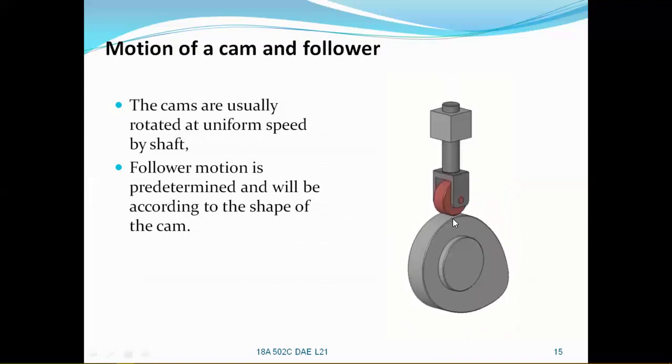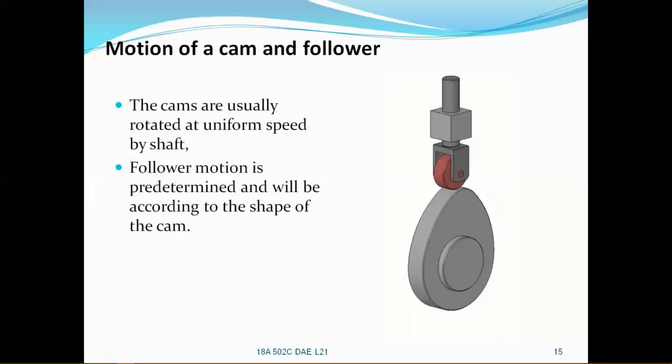If the shape is different, the motion may be different. So the follower motion mainly depends on the shape of the cam, which is predetermined only. So that is the working principle, simply the working principle.